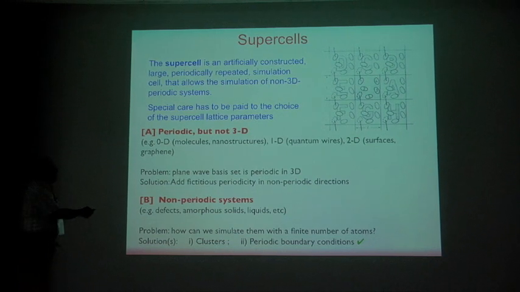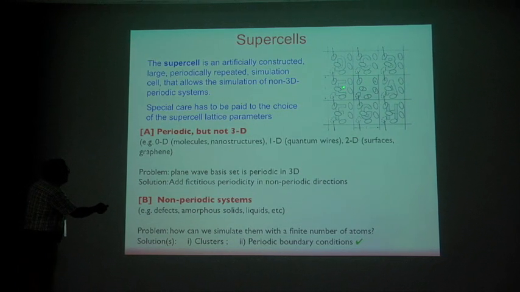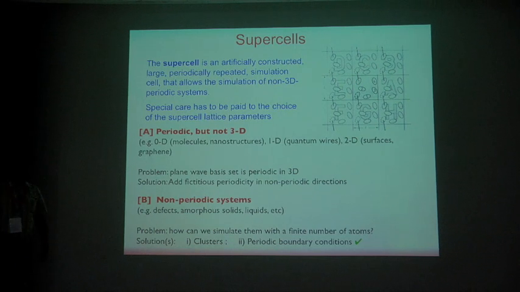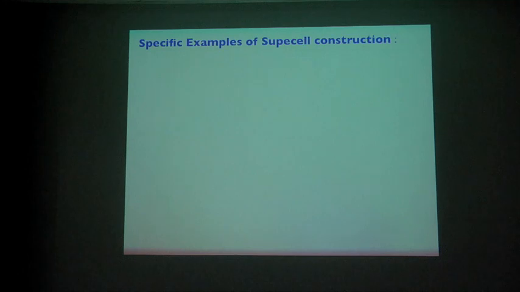There are boundaries like this, and periodic boundary conditions have to be obeyed. It is also called bond conformal boundary. But anyway, the problem is, how can you simulate them with a finite number of atoms? For that you need to use a supercell. So the solution is either a cluster geometry or what is known as a slab geometry. I'll come to that.